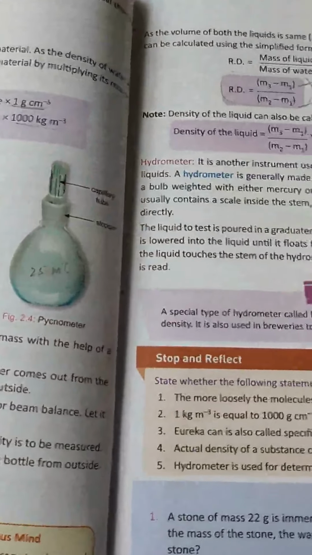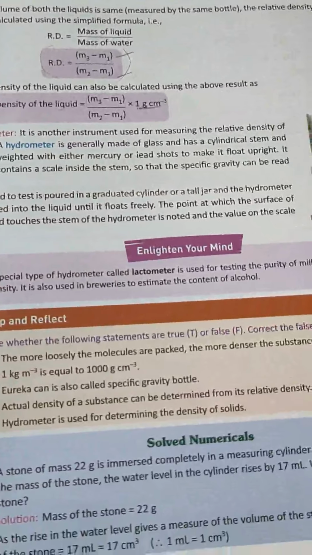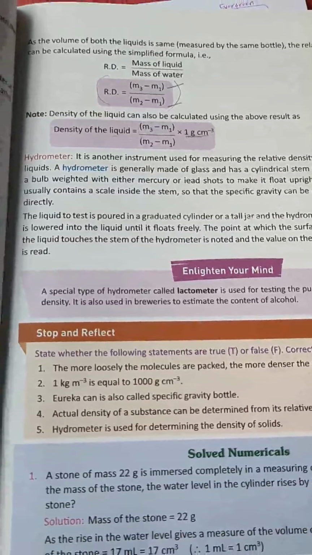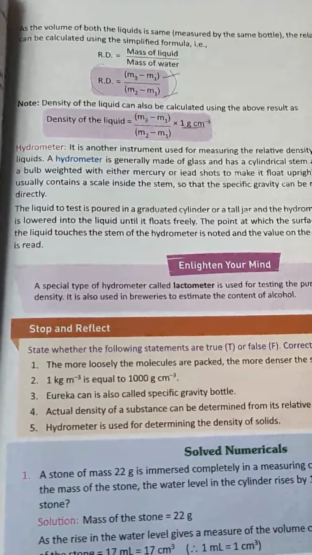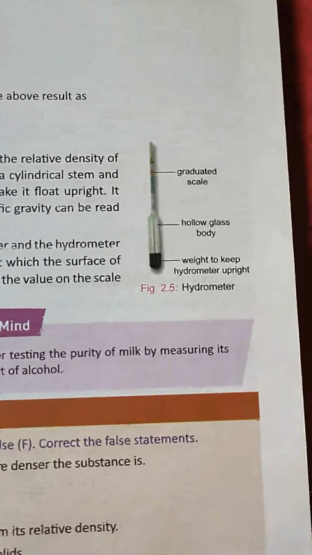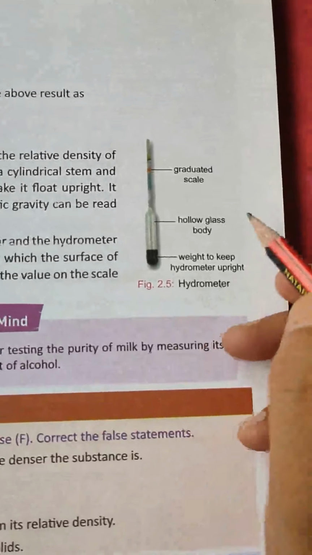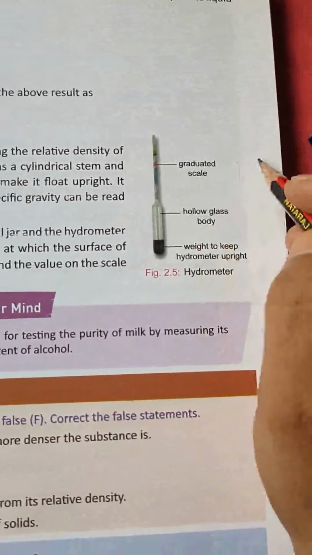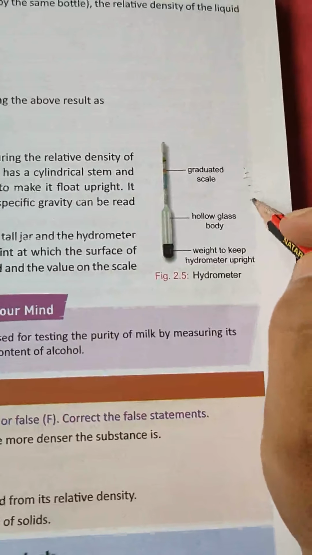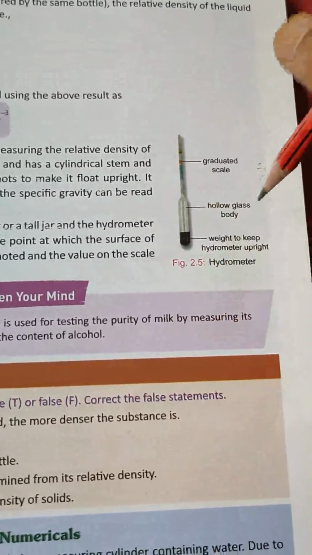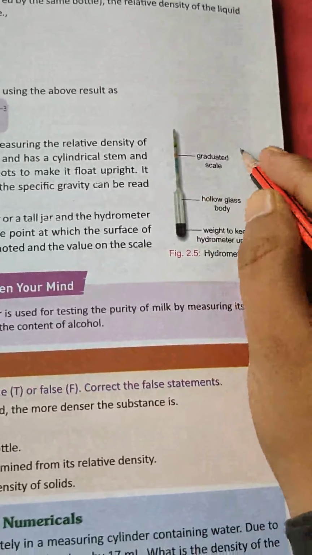Okay, and then this hydrometer is also used to find the density, the relative density of liquid, generally for acid batteries. So the structure is like this. Generally we take a measuring cylinder or beaker, and fill it with the liquid whose relative density we are going to find, and then we place this hydrometer in that measuring cylinder or beaker.